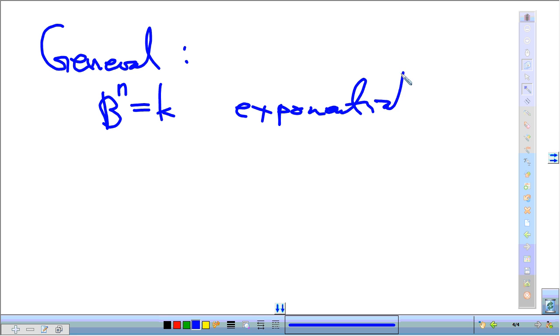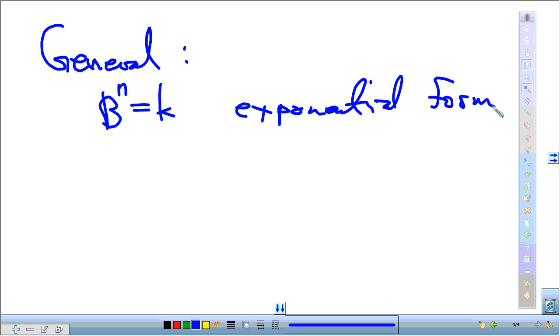More generally, we have general exponential forms.